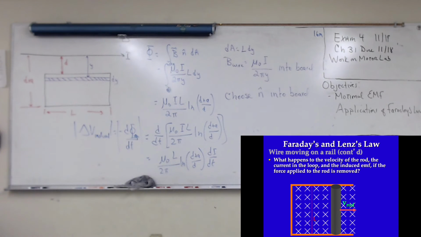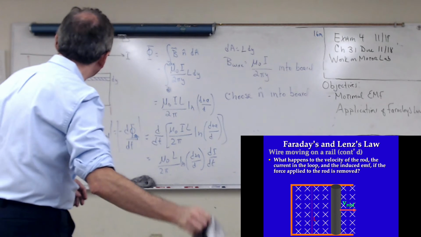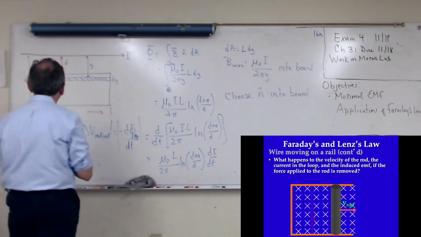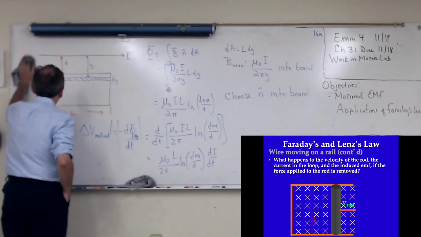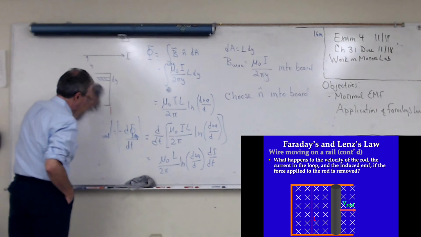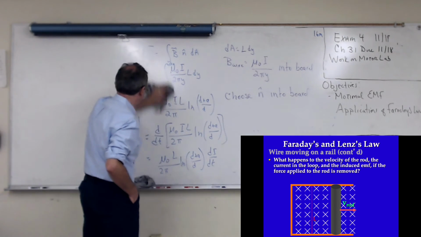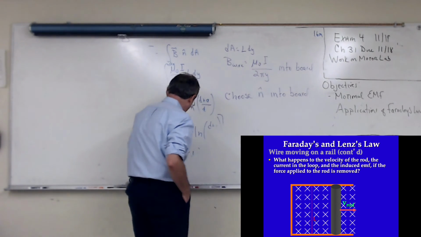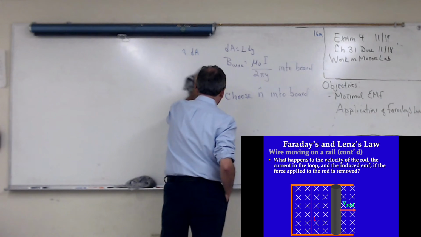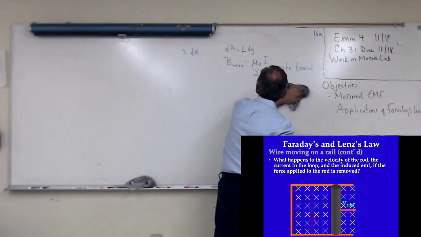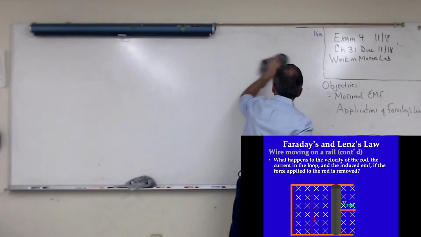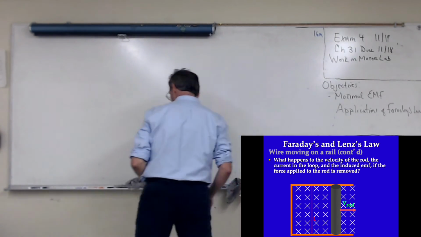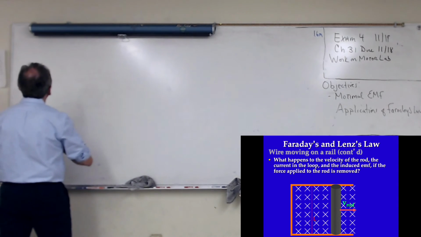What happens to the velocity of the rod? Can I derive an equation for v as a function of time? Of course I can, otherwise I wouldn't ask that question. Let's go ahead and set this up and do it. And it's really not that bad.